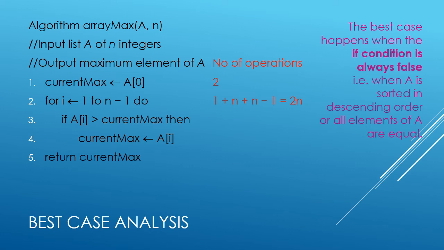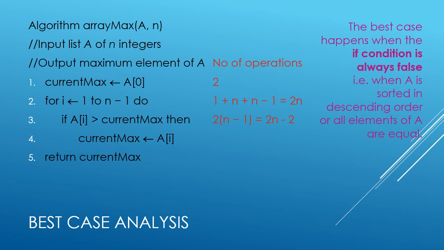Line number 3 is in the body of the for loop. In line number 3, I access the ith element and compare it with current max. These are 2 operations, and this body iterates as many times as the true values of for. There are n minus 1 true values. So line number 3 executes 2 into n minus 1 times.